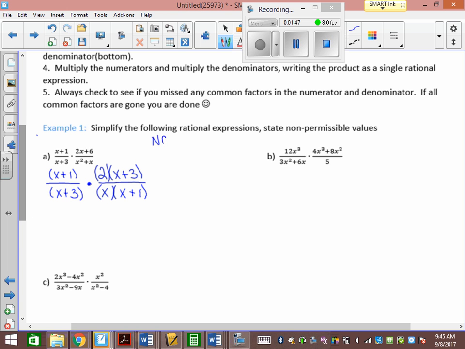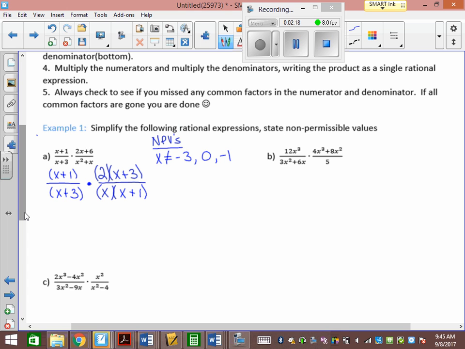So my NPVs are going to be x can't equal negative 3 because negative 3 plus 3 is 0. What's this one? Just 0. And then x plus 1, negative 1, because negative 1 plus 1 is 0. And we have to state all the things that are going to make the denominators 0. So we've done our NPVs. If you're someone who's still having problems with NPVs, please come in and ask questions. Scheduled help and lunch, I'm here.